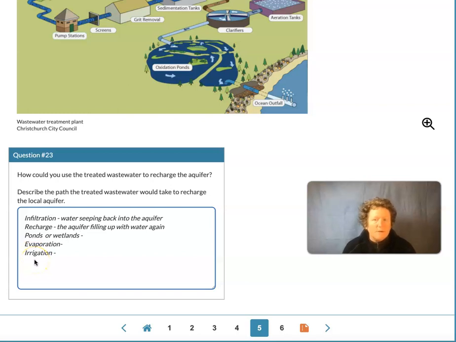A lot of that wastewater, when we irrigate with wastewater, doesn't make it back into the soil. It's just evaporated. We have to be careful with our irrigation water if we actually want to make it back into the aquifer. You can think up other interesting and creative solutions and put it there for question 23.